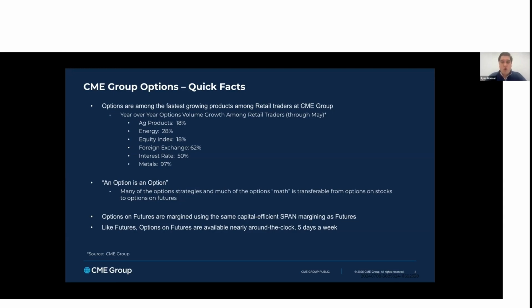We're seeing growth across the board in our options markets, not just our futures, but our options. And the standouts there, metals, a 97% growth in just options amongst retail specific traders. Foreign exchange 62%, interest rates 50%. Even energy, equity indices and ags are on the rise. And it's a continued track we're seeing.